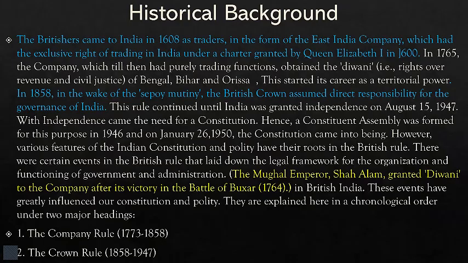Okay, so they are explained here in chronological order under two major headings. The whole British period is divided into two major parts. First is the company rule, which we are going to study in this video, and the second is crown rule, which we will study in our next part. So let's first study the company rule.